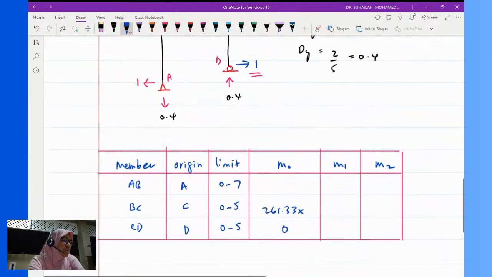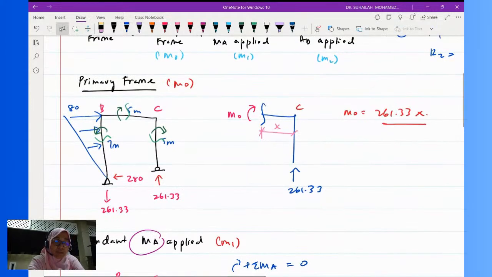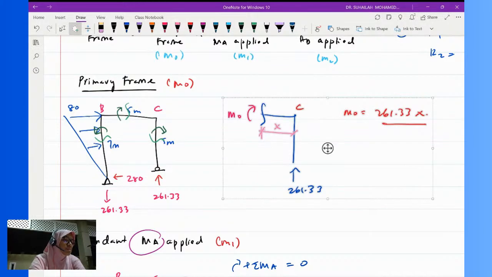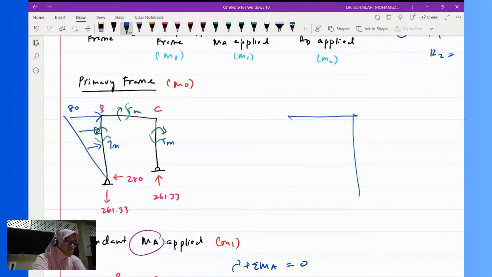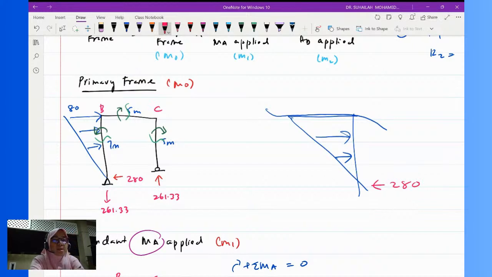Now we focus on the triangular part. Cutting like this, we have 280. The moment is acting counterclockwise.